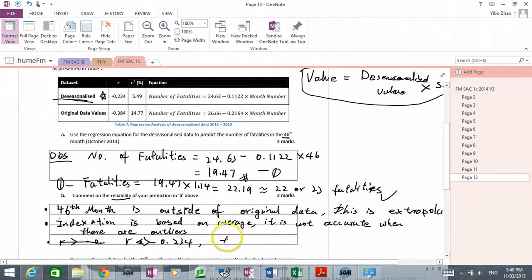Remember your form, there is no relationship, not even a vague relationship, between month number and fatalities.